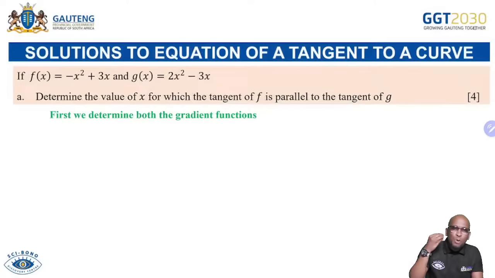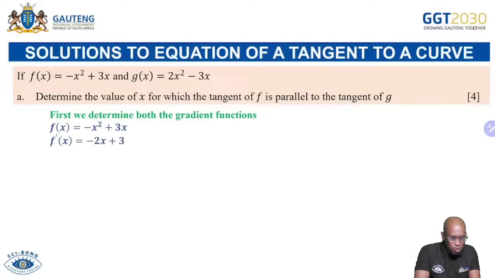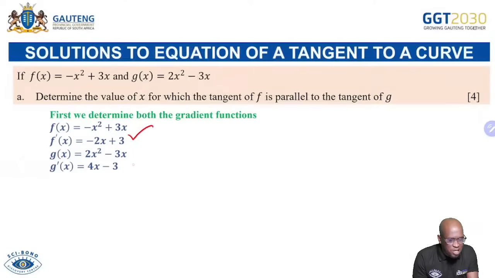First, we determine both gradient functions. So f of x is negative x squared plus 3x. The gradient function is negative 2x plus 3. g of x is 2x squared minus 3x. The gradient function is 4x minus 3. So we've worked out both gradient functions.